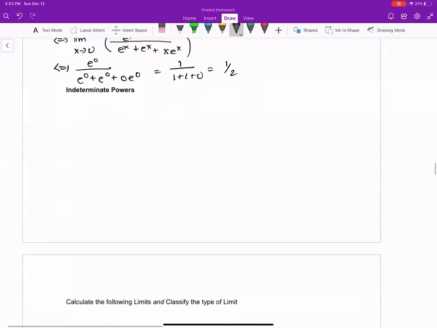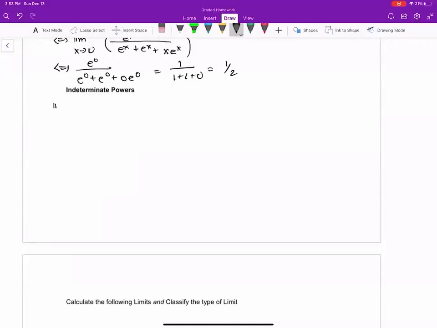Now, indeterminate powers, I believe Natalia went over this. If not, we had a question like this on our exam, and I feel like this is a very good topic that you should also learn.